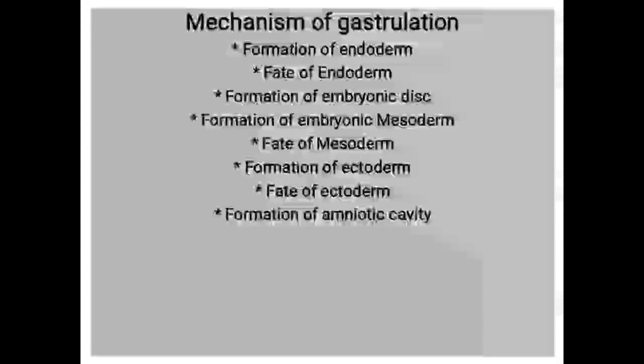If we want to query about the fate of endoderm, we see that endoderm is predetermined to form the midgut or archenteron, from pharynx to colon, middle ear, gastric and intestinal glands, tongue, urinary bladder, respiratory tract, liver, pancreas, thyroid, parathyroids, and anterior lobe of pituitary gland.